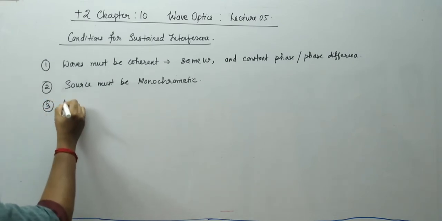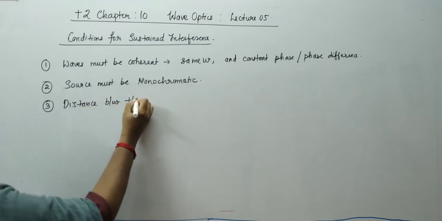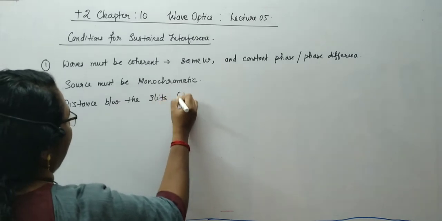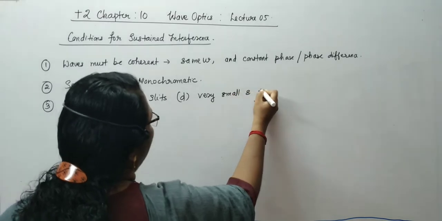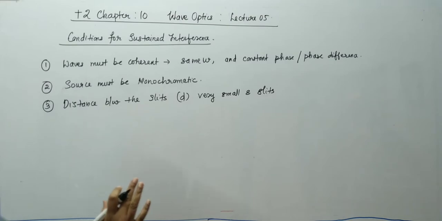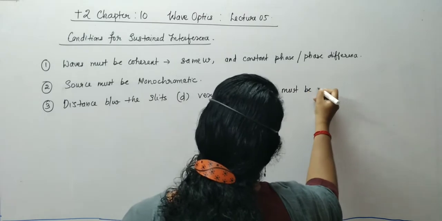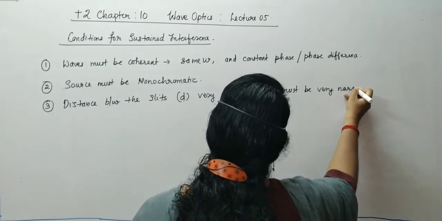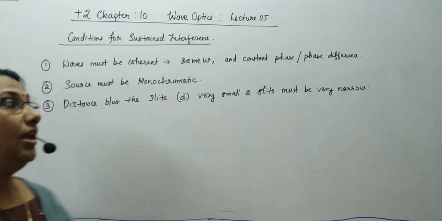The third is the distance between the slits. The distance between the slits, small d, must be very small, and the slits must be very narrow.